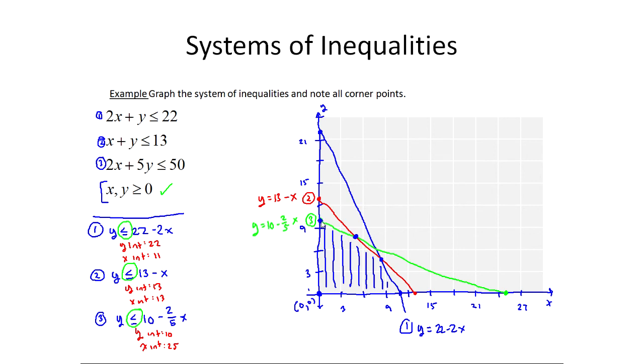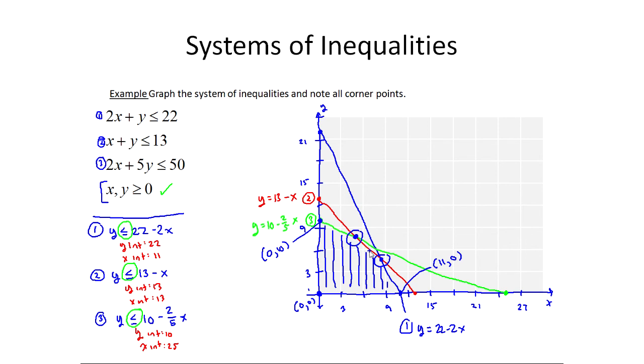This one we figured out, right? This is actually the y-intercept for 3, so we already know this one right here, the 0, 10. This one out here we know is the x-intercept for number 1, so that is actually 11, so 11, 0. And now the question is, what about these two?